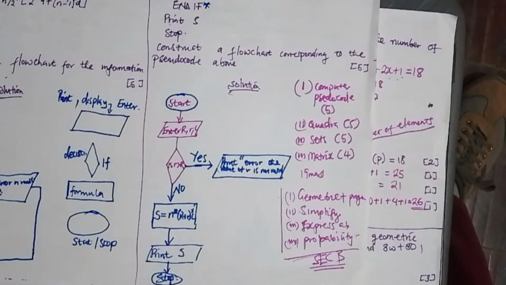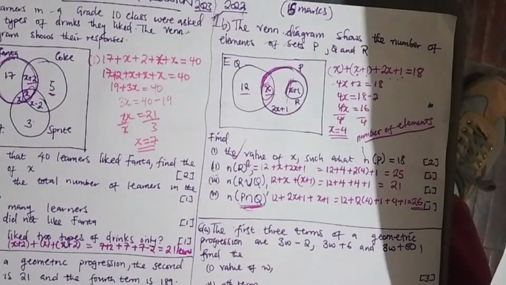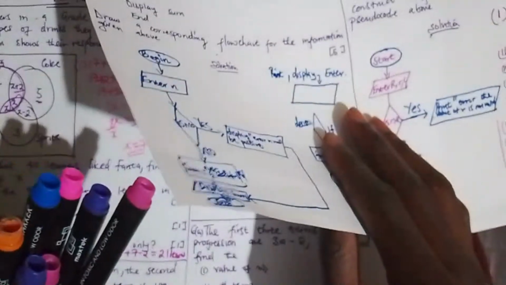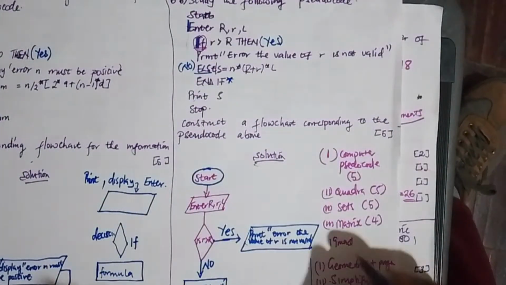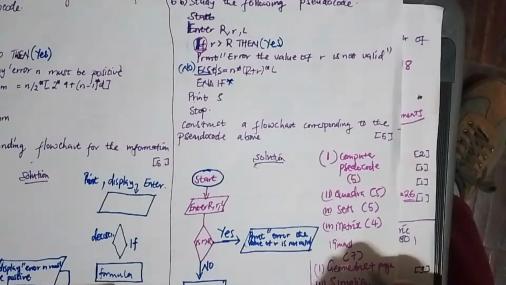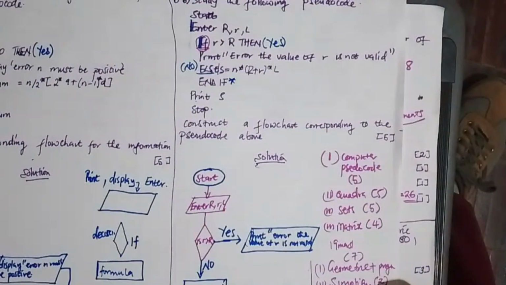So geometric progression, just for those that are curious, carries 7 marks. This is one of the questions which carries a lot of marks in paper 2. Simplify carries 2. Express as a single fraction carries 3.